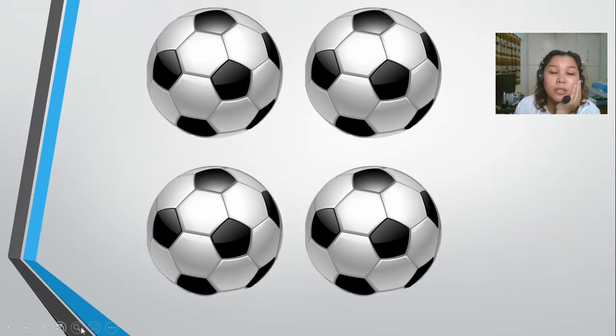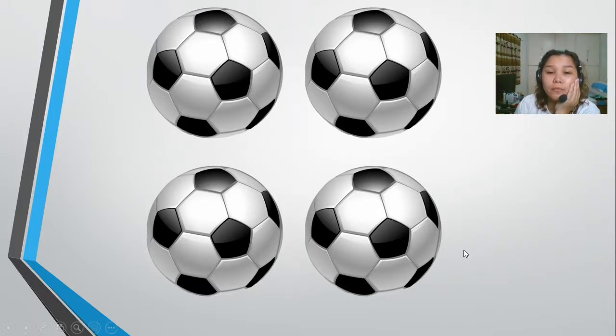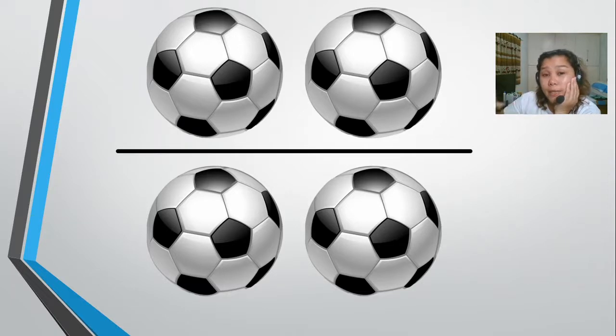Okay, so for this one, how many balls do we have? It's 4. 1, 2, 3, 4. So, ano ang 1/2 of 4? So, pwedeng maguhit dyan at the middle using vertical line, or you can have pahiga naman. So, sleeping line or horizontal line.